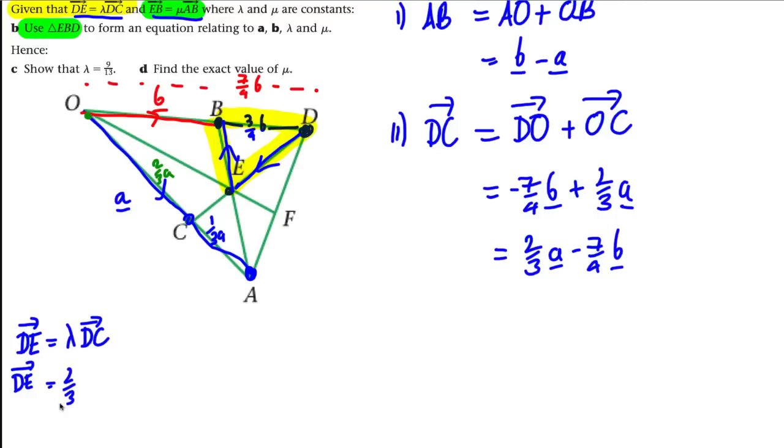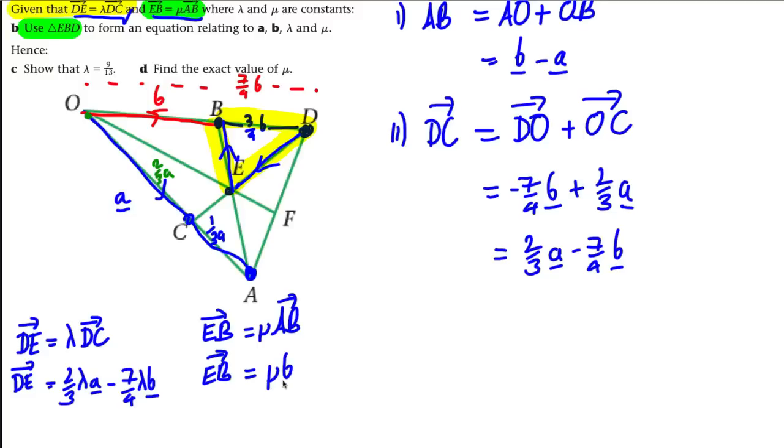So I can write that quickly as 2/3 lambda A subtract 7/4 lambda B, just using that fact. We also know that EB from here equals mu AB. So let's write down what that means. EB is therefore mu times AB, which is this. So it'd be mu B minus mu A.